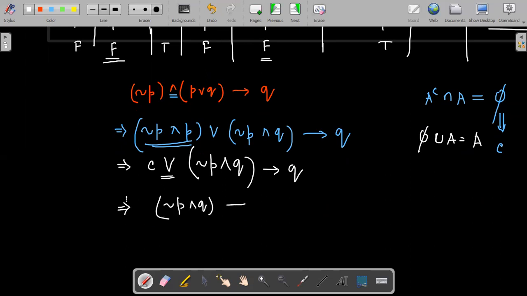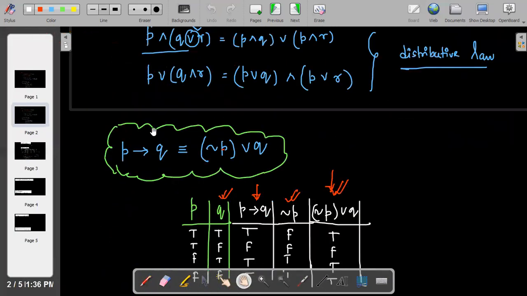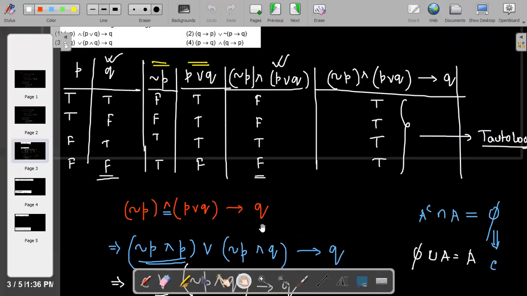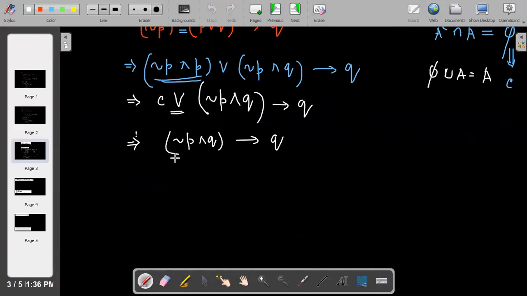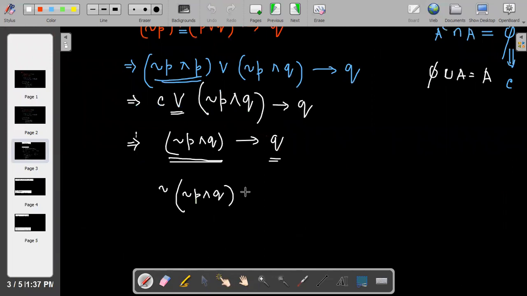Now what to do? Now you see, I taught you a formula, a property of implication, that P implies Q is not P or Q. So P implies Q, this is your new P implies Q, is not P, and then what we had, not P or Q. So this is the thing.